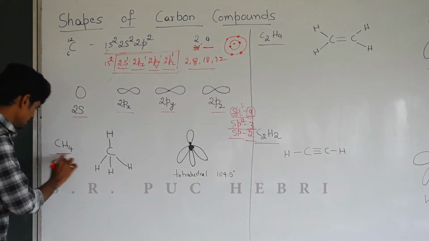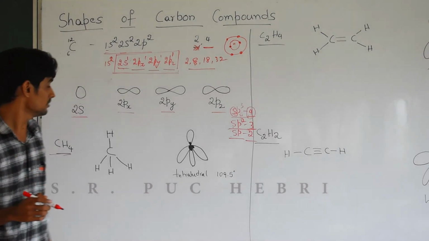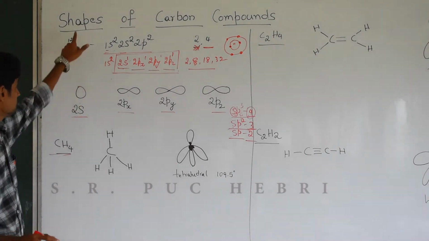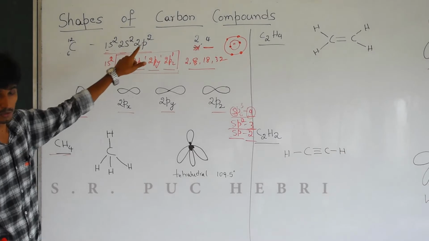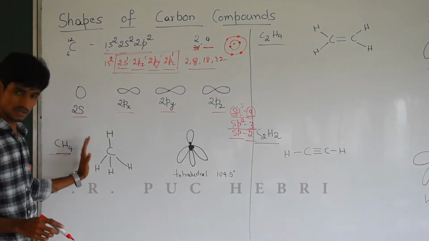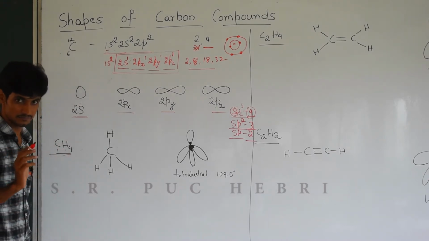Now I will consider one compound of carbon, that is methane. We need to discuss the shape of carbon compounds. So methane has one carbon atom and four hydrogen atoms.